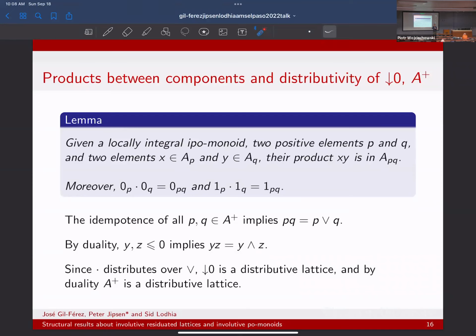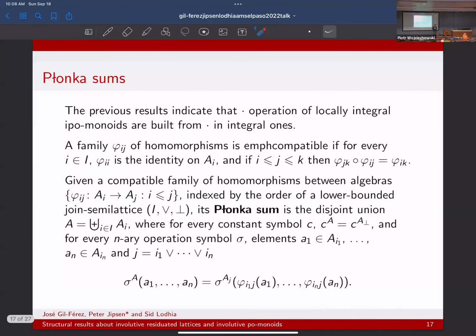It's got a top element. It has all meets. Therefore, in the finite case, all joins will exist. And so if you restrict to the finite setting, then it'll be a distributive lattice. So here I should have included the word finite somewhere. Apologies, that's a mistake. In general, it doesn't have to be, but it's a join semilattice with a top. And we're still figuring out what it is exactly.